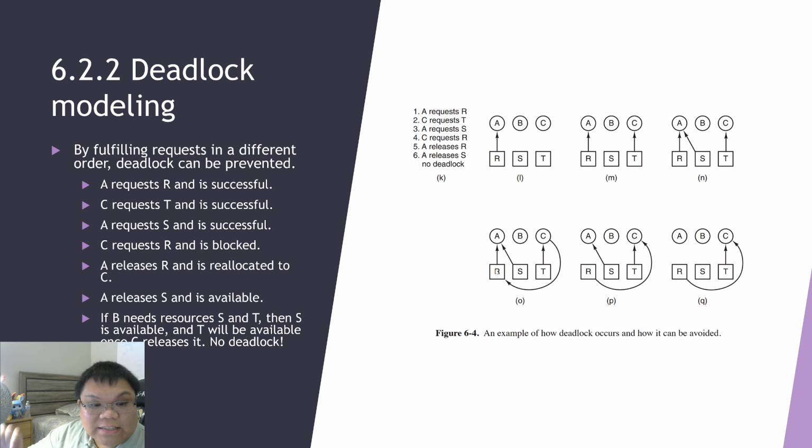Process A is gonna use resources R and S. After some time, process A is gonna release those resources, and now they're gonna become available for the other processes to use.